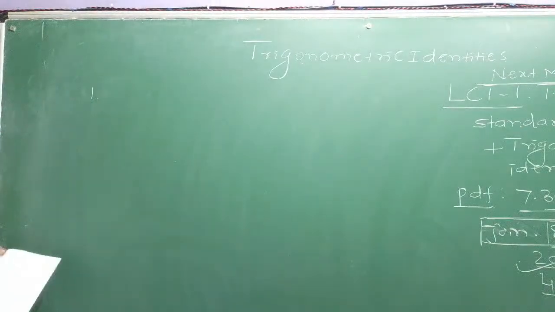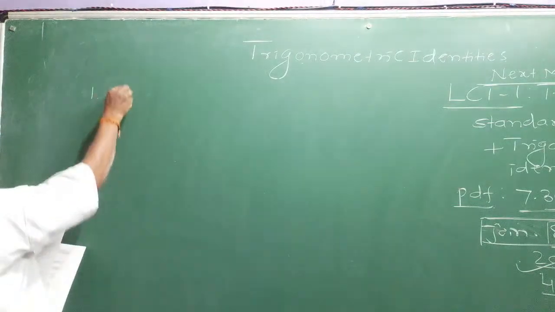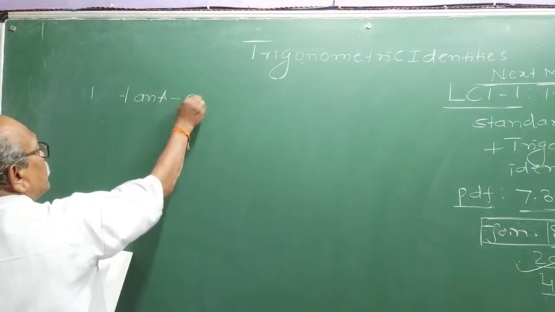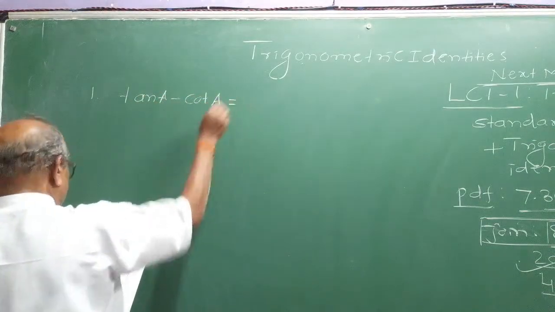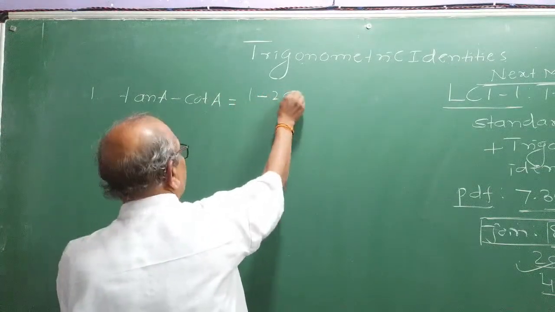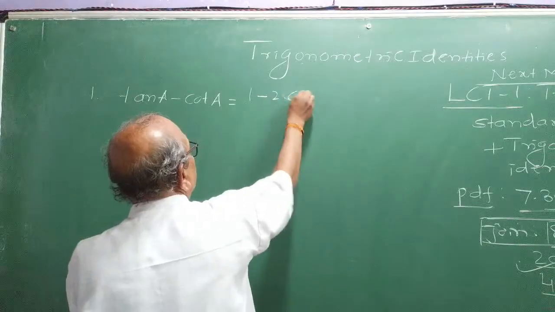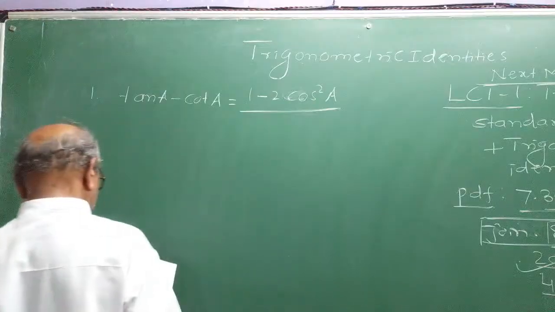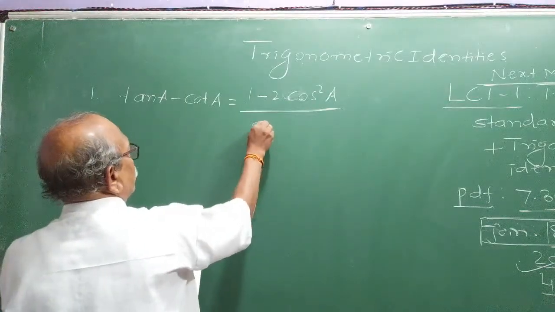First problem: tan A minus cot A is equal to (1 minus 2 cos square A) divided by (sin A into cos A).